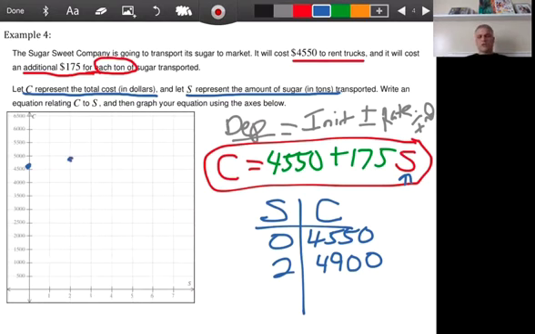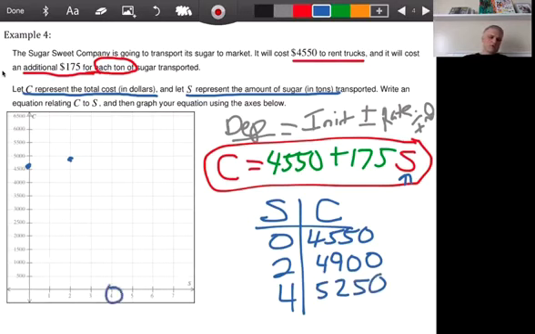And let's get one more. Yeah, let's go with 4. Okay. So if I take 175 times 4, I get 700. So add 700 plus 4550, and I get 5250.